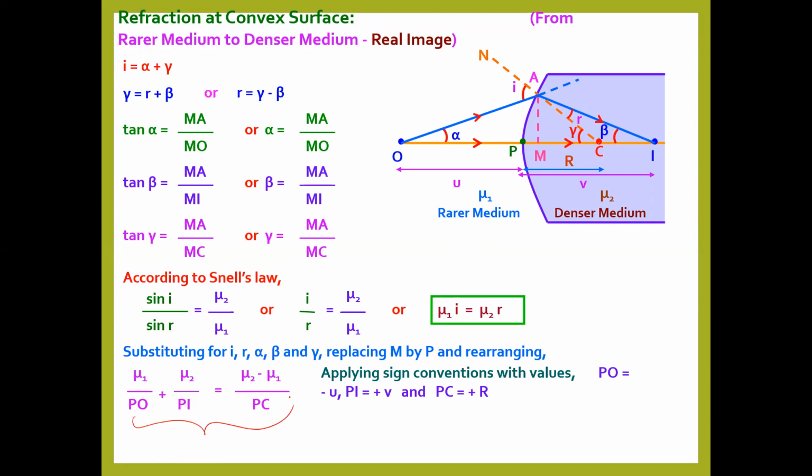The lens actually has this kind of shape, but we are taking the first surface, so the phenomenon can be treated like this.